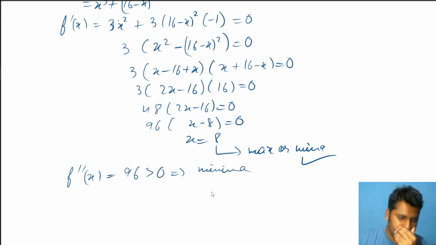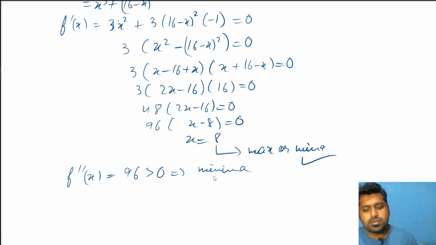Okay, greater than 0 is minima. So for these kinds of questions I think you don't even need to use differentiation. What you can do is use symmetry, but not for all questions. Again, same thing, you can use it for a few questions, not everything.